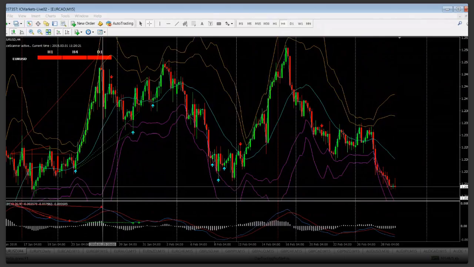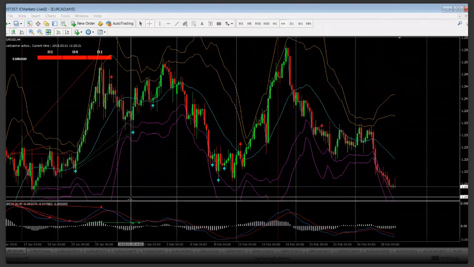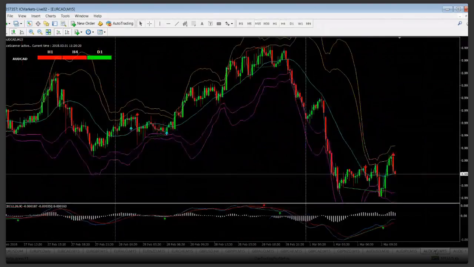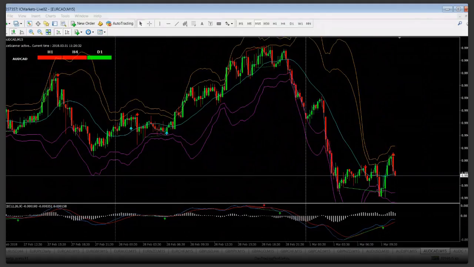Okay, so British pound Aussie buy, Aussie CAD sell. So the Aussie CAD's a sell. In that trade now, Aussie CAD. Try and get a few pips on it.